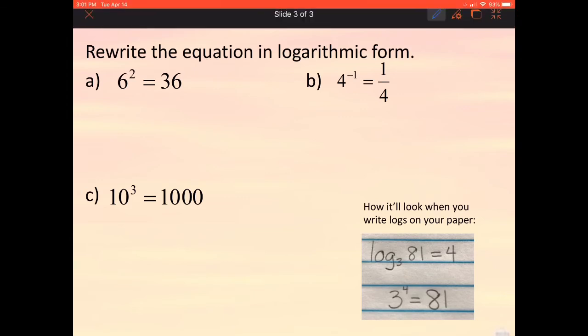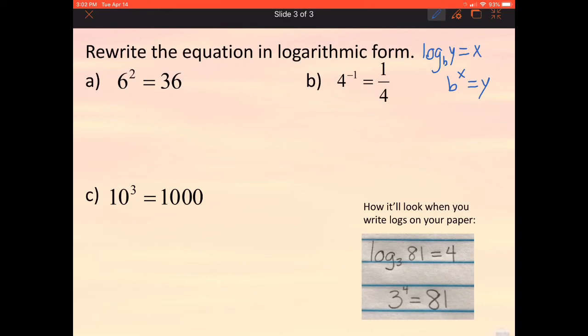All right, the last thing we're going to do is go the other way. This time we're going from exponential form and writing it in log form. I remember from the first two slides that log base b of y equaled x, and we wrote it as b to the x power equals y. So let's rewrite this.